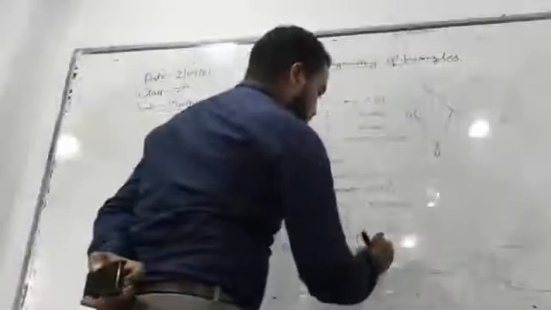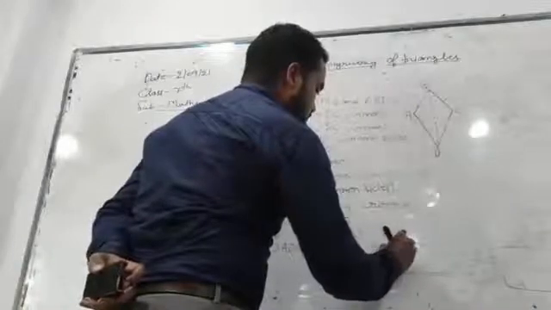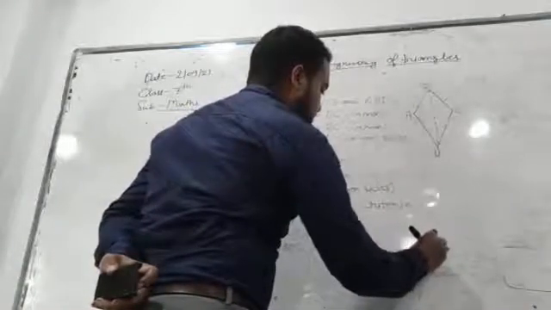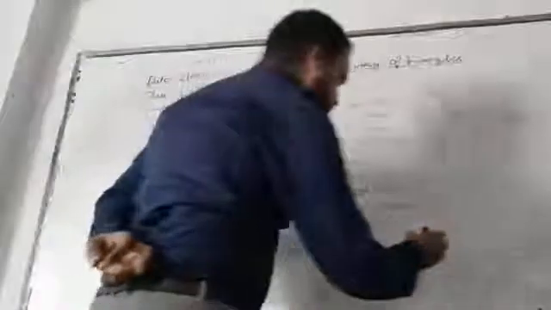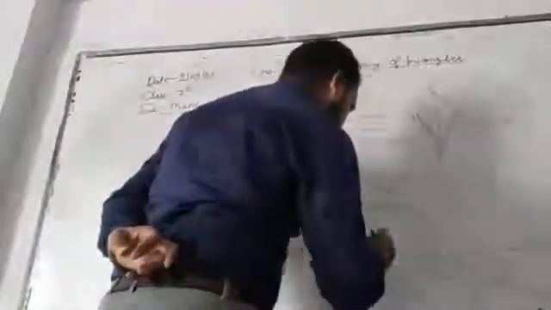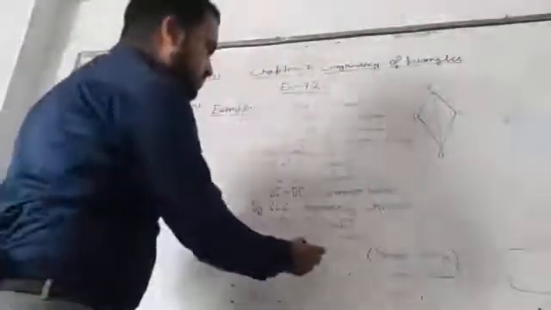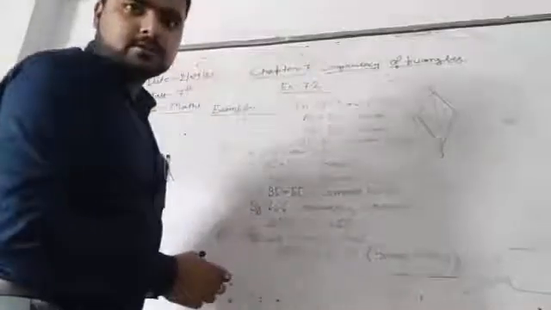Why? Proved above. As we proved above, triangle ADB is congruent to triangle CDB.